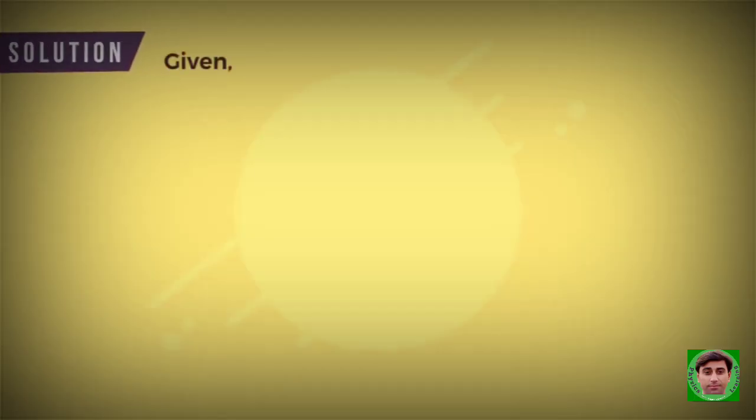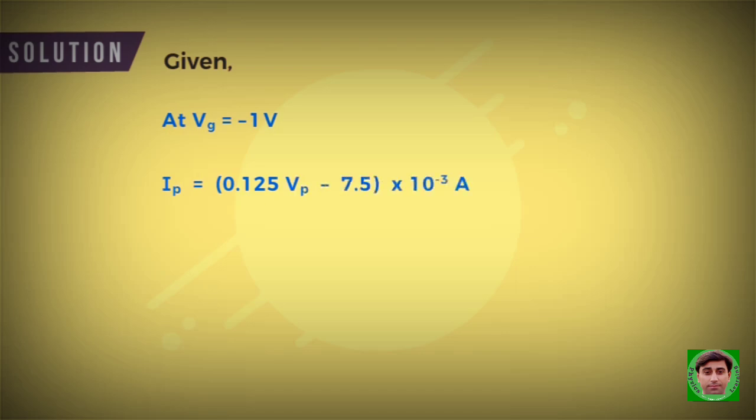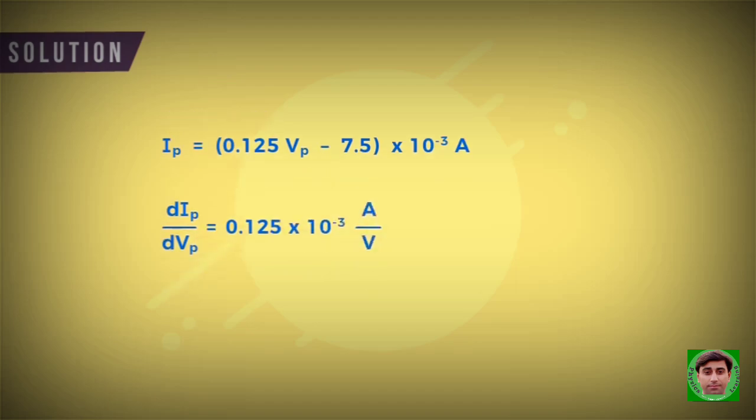Solution. We are given that at grid voltage of -1 volt, plate current Ip is equal to 0.125 Vp minus 7.5 milliampere. On differentiating the plate current with respect to plate voltage, we get d Ip by d Vp equal to 0.125 into 10 raised to power -3 ampere by volt.